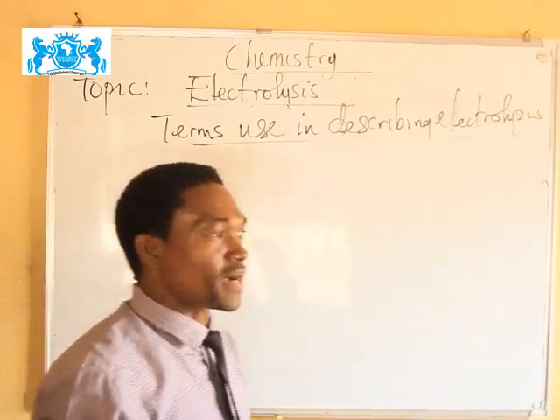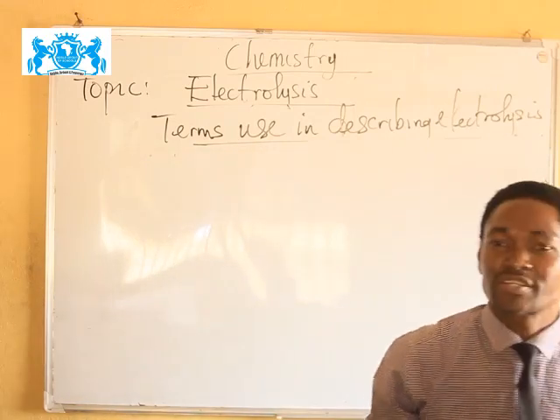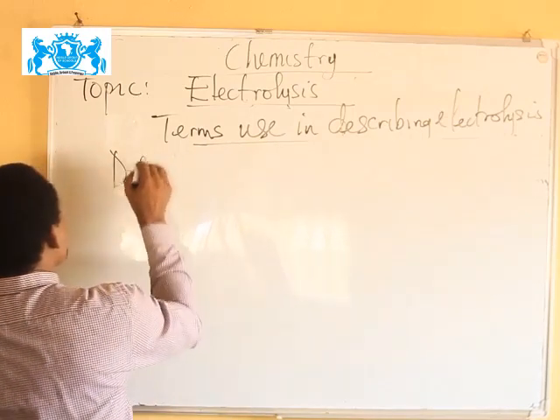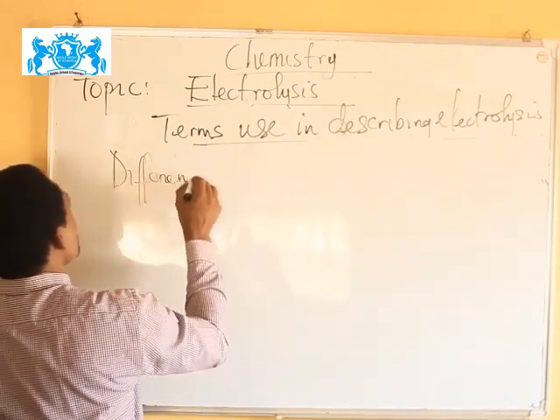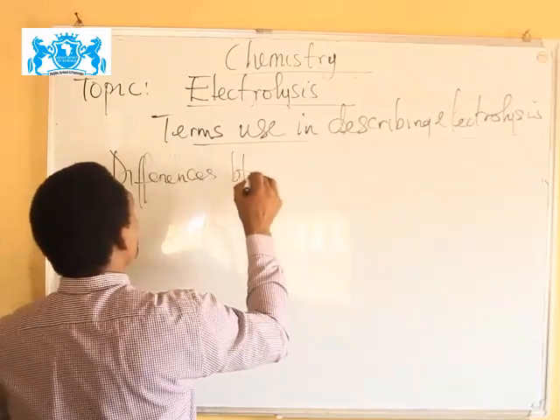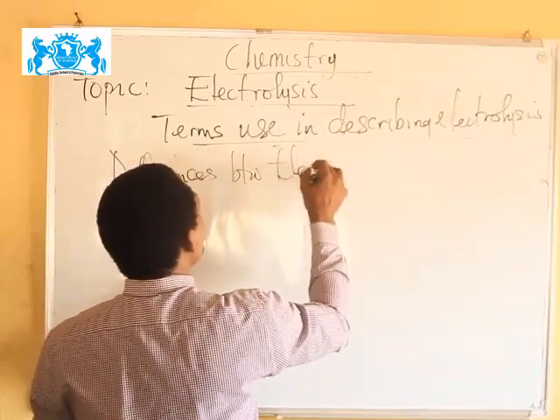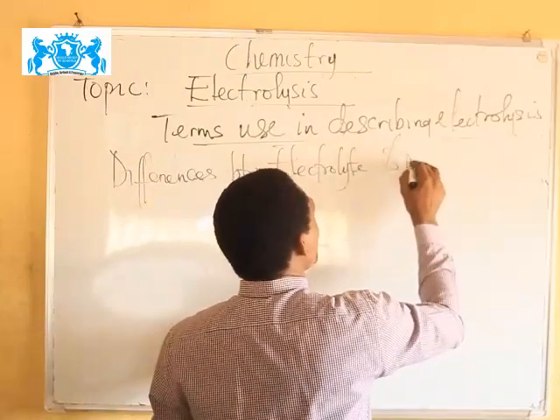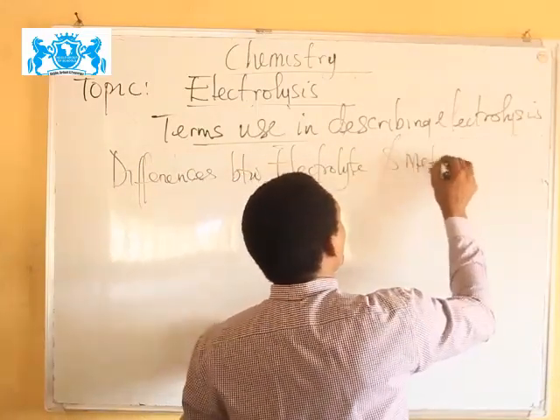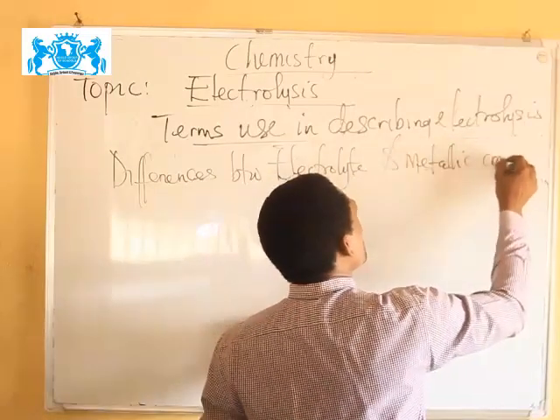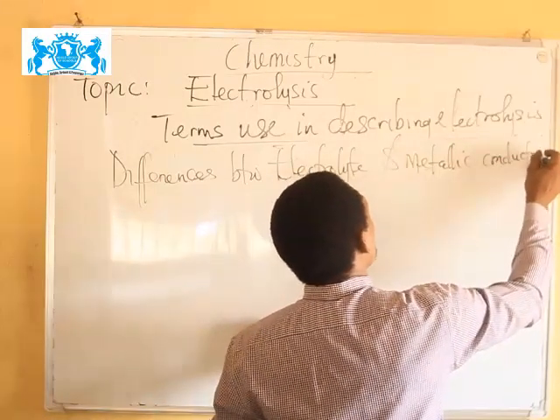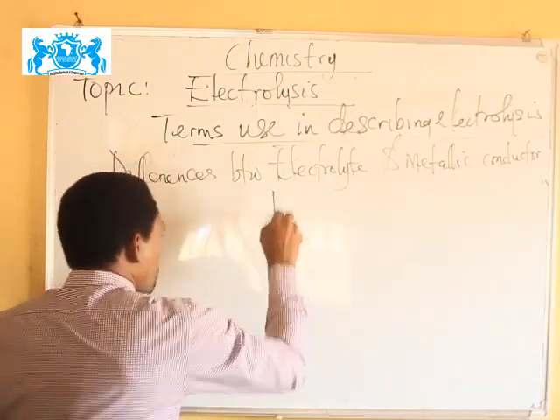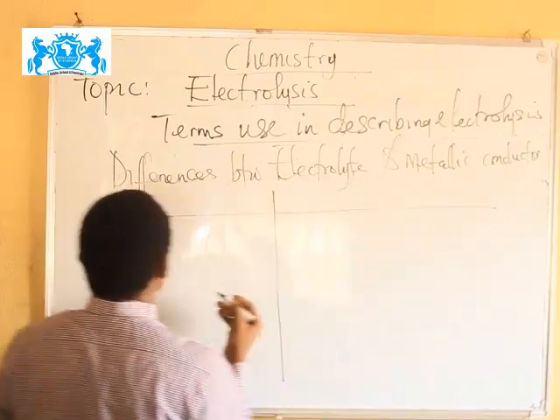You might sometimes come across a question asking you what is the difference between an electrolyte and a metallic conductor. Now let's try to make out some of these differences.